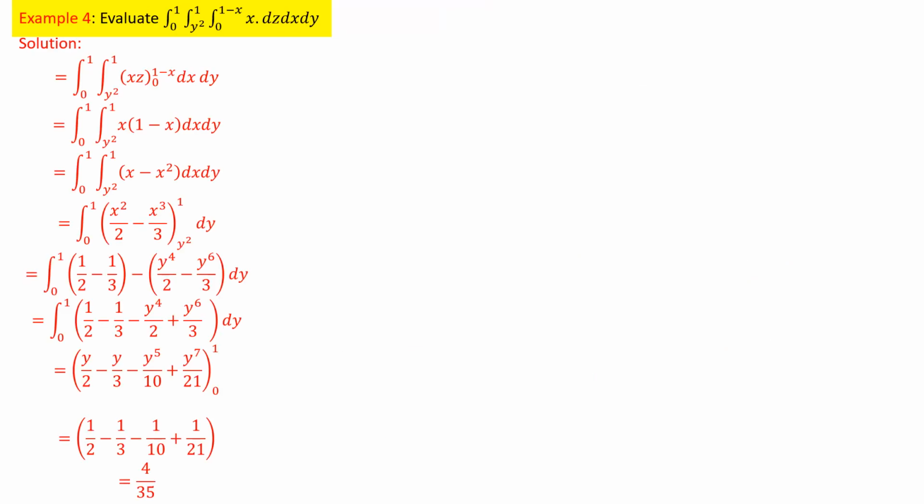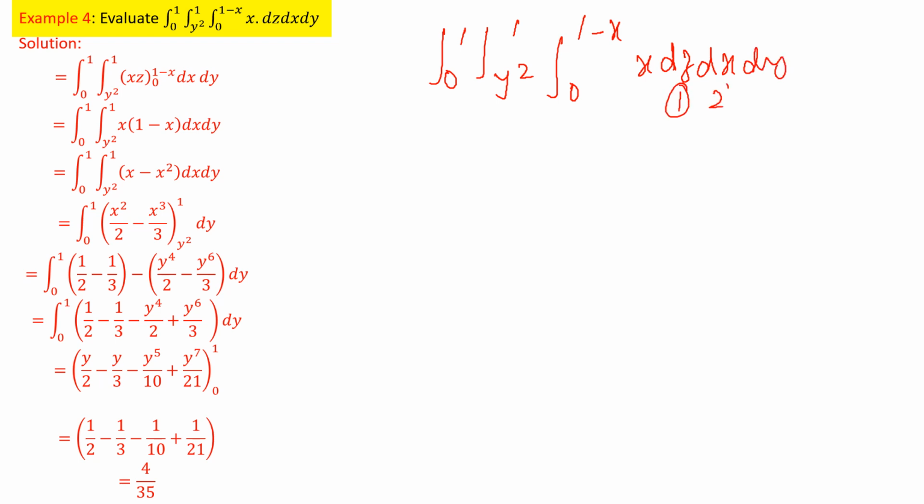Question number 2. Here we are given the integral 0 to 1, integral y power 2 to 1, integral 0 to 1 minus x, of x, dz dx dy. That is first with respect to z, second with respect to x, third with respect to y. As usual, first we have to keep the outside integration 0 to 1 and y squared to 1 as it is.